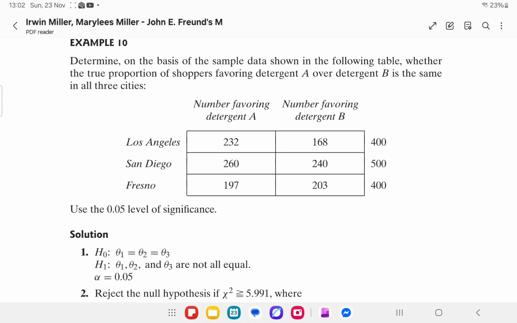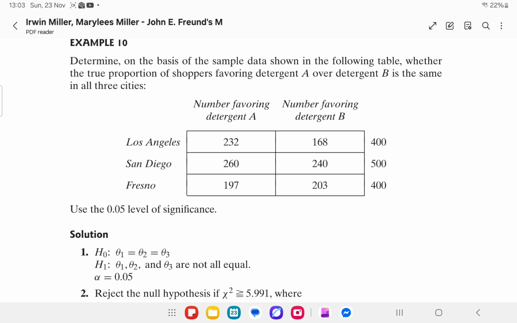The hypothesis is that theta 1 is equal to theta 2 is equal to theta 3, which says that the proportion of preference is the same across all the cities, for both of these detergents.